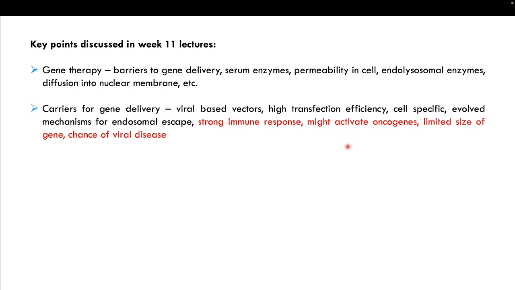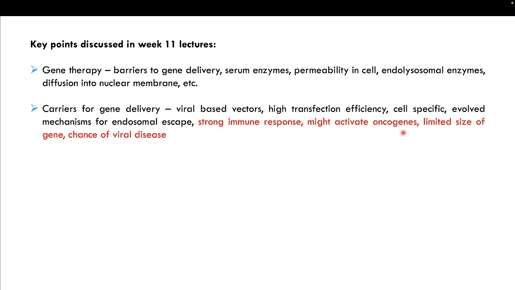This could happen. And also there is a limited size of the gene. The virus will have its own genome, and it has some limitations on its genome size, because it has to pack all this genome into its viral particles. So there's not much space or scope for putting in larger genes. And it could also lead to viral disease.